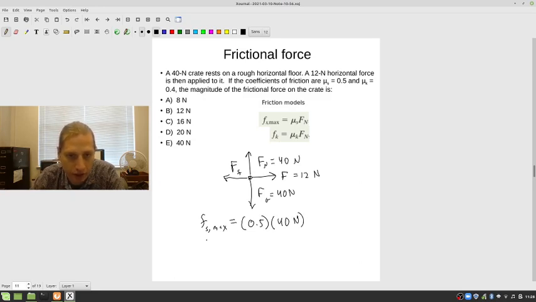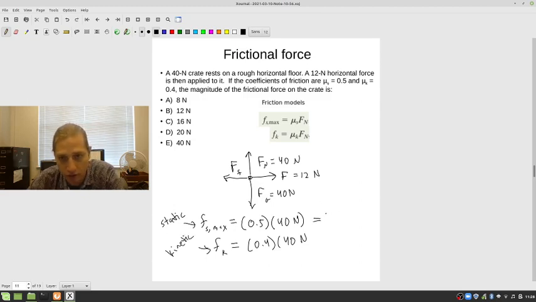On the other hand, if my object is sliding, you have a frictional force that's done with kinetic friction, 0.4 times 40 newtons. So there's your static, not moving. This is your kinetic, moving. So that is 20 newtons. And this one is 16 newtons.